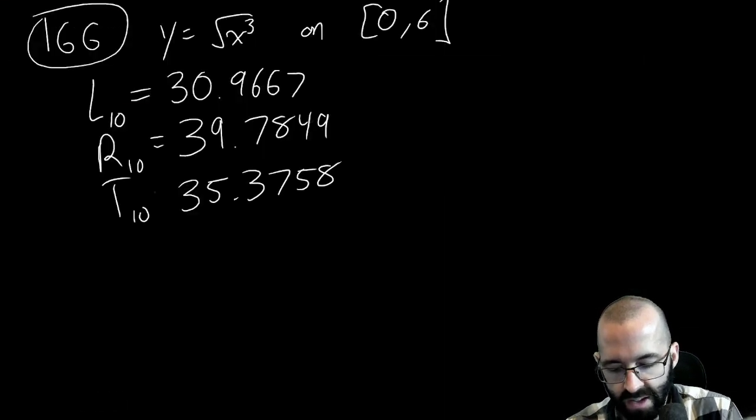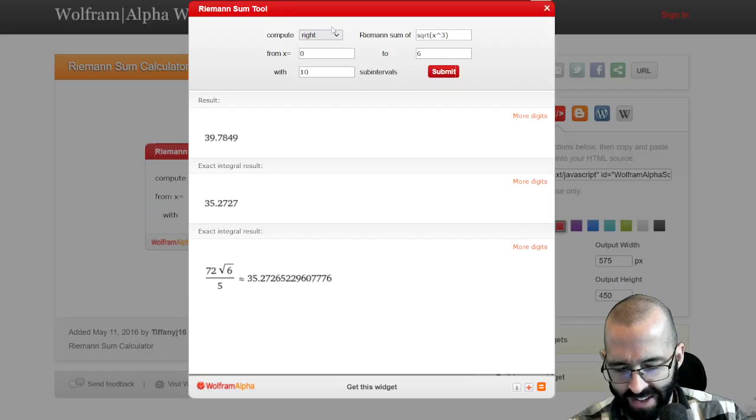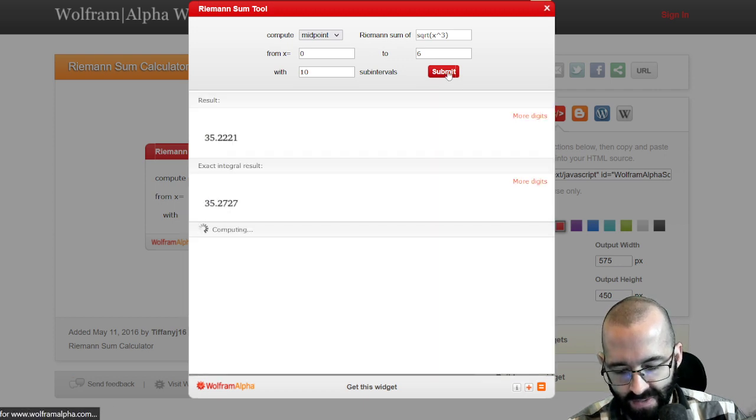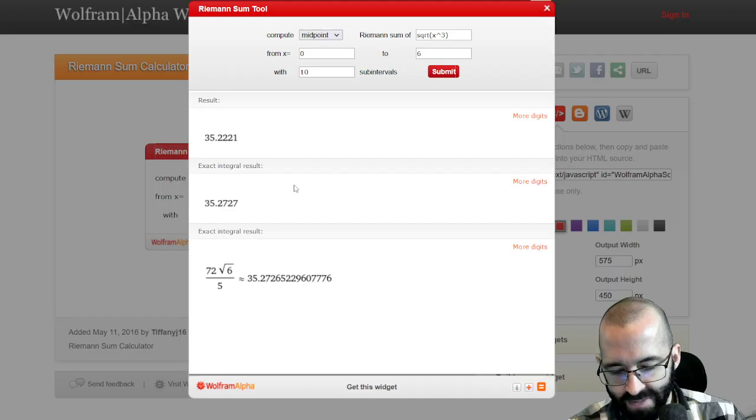That's what the book is calling T sub 10. Just to make sure that I'm not crazy, this won't prove it one way or the other, but it might disprove it. The midpoint, 35.22. All right, great. So midpoint is not the same as the average of the left and right endpoints, which is what I thought, but I wanted to confirm.